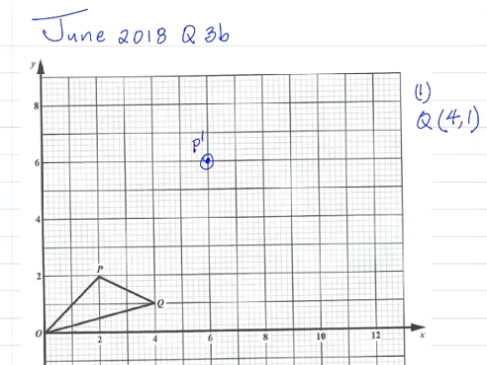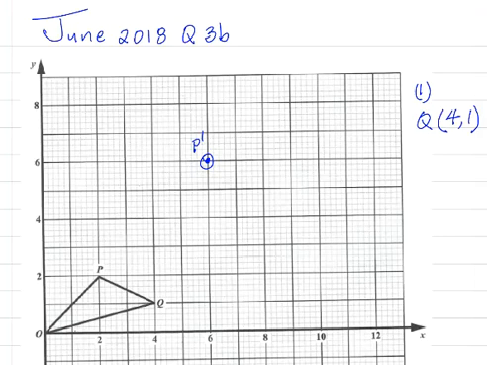Again, whenever I'm doing my enlargement, I always work from this principle, that the distance from the center to the image is equal to k times the distance from the center to the object. Since the scale factor is 3, I must triple that distance.